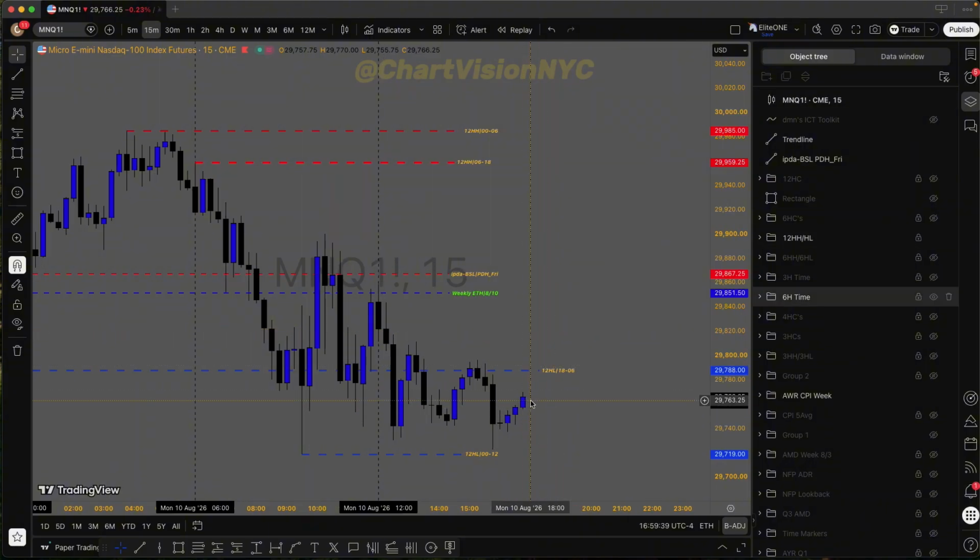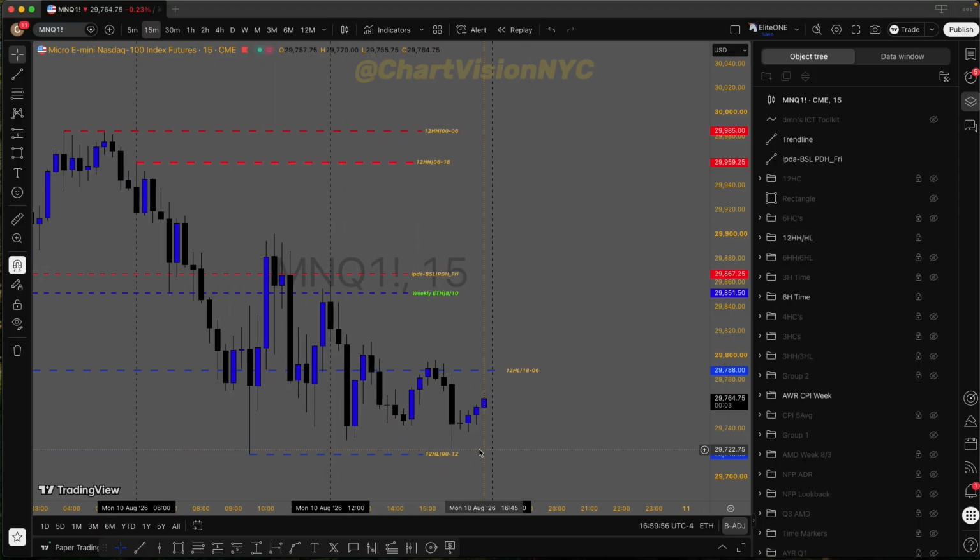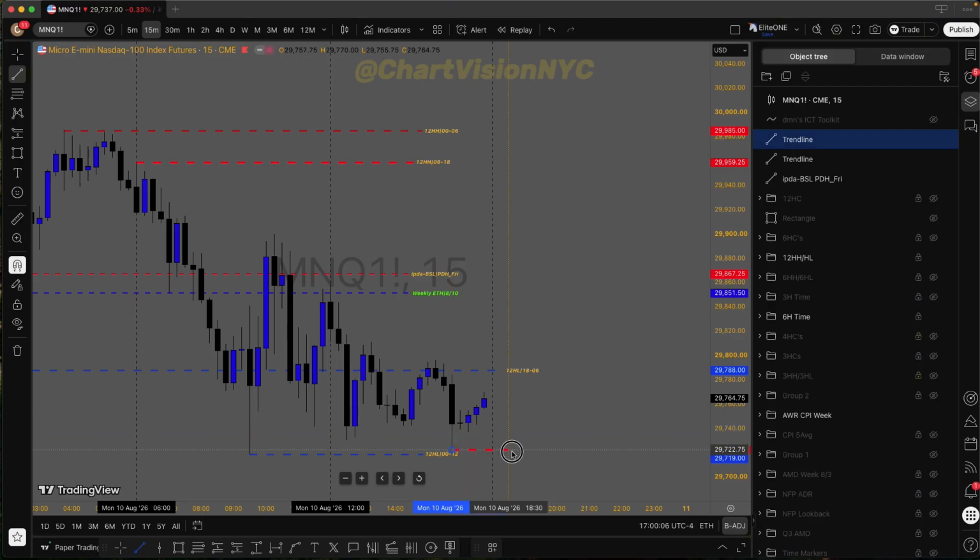And then as the day ends, we will have another 6-hour period, right? And so you see how this 6-hour period is going to become a 12-hour buy side. This is a 12-hour sell side, but it's also a 6-hour one. But then when the market closes in 1 minute, okay, market officially closed, we have a new 6-hour sell side.